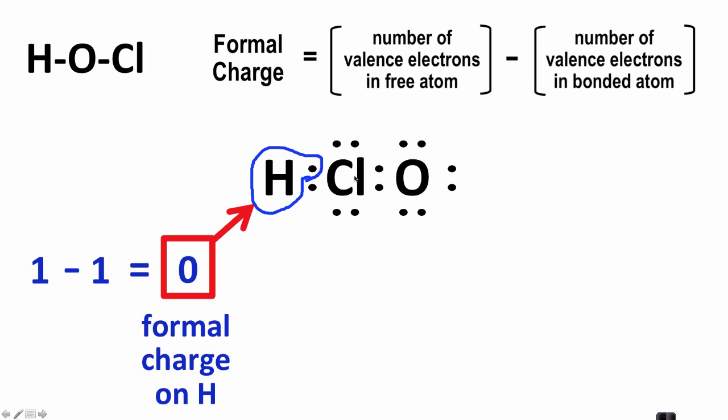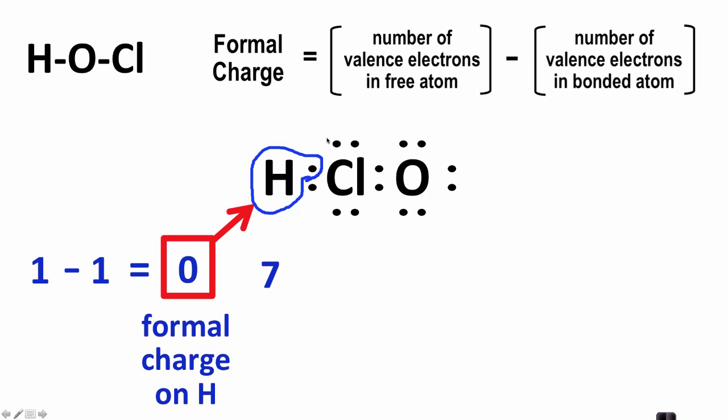Now let's move on to the next element, chlorine. Chlorine normally has 7 valence electrons in the free atom, and as before, these 2 electrons are a lone pair. They're definitely part of chlorine. These 2 are definitely part of chlorine. But these 2 electrons and these 2 electrons are shared between hydrogen and chlorine and hydrogen and oxygen.